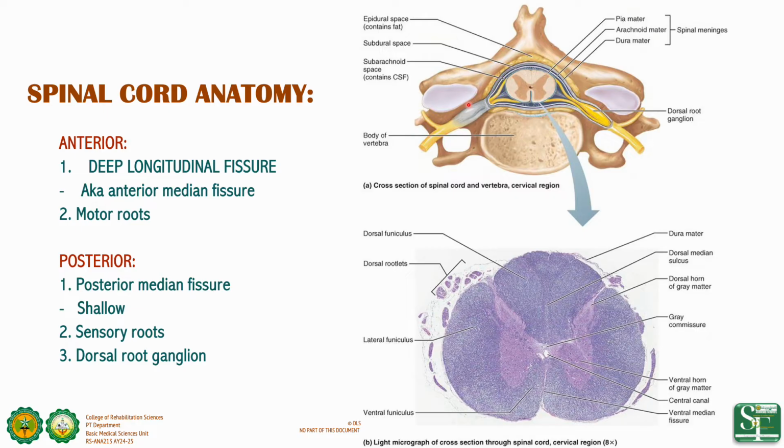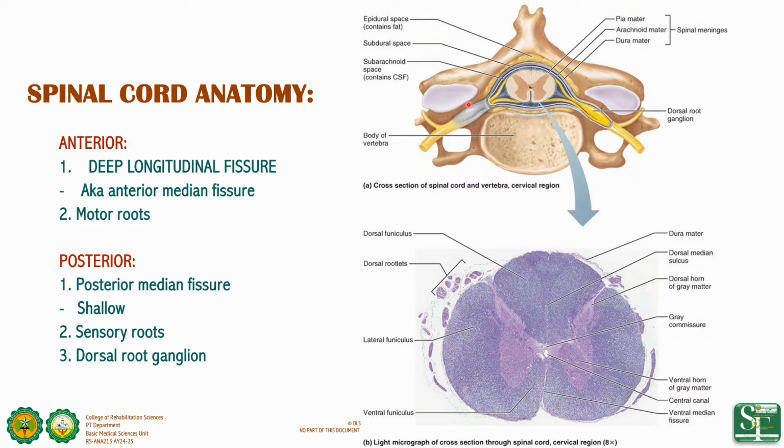If you may recall, when we say ganglion, it means a collection of cell bodies in the... Saan ang ganglion ginagamit? Peripheral nervous system, central nervous system. It's at the peripheral nervous system. Right? And that's correct. No? Kasi DRG, yung part na yan ng spinal cord yan is papunta na yung peripheral nervous system. That's why ganglion is actually a correct term.